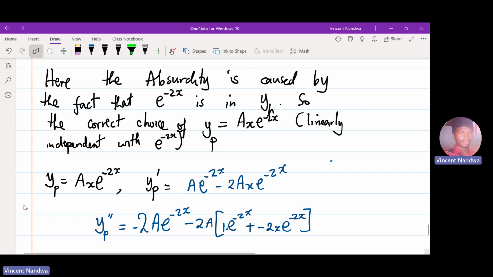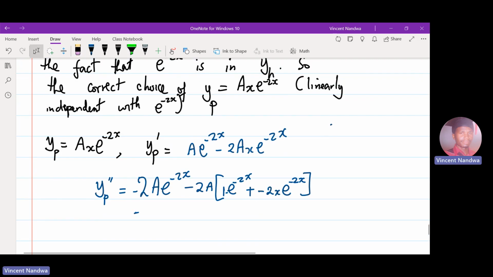So which will be minus 2a e raised power minus 2x, minus 2a e raised power minus 2x, and then plus 4ax e raised power minus 2x.